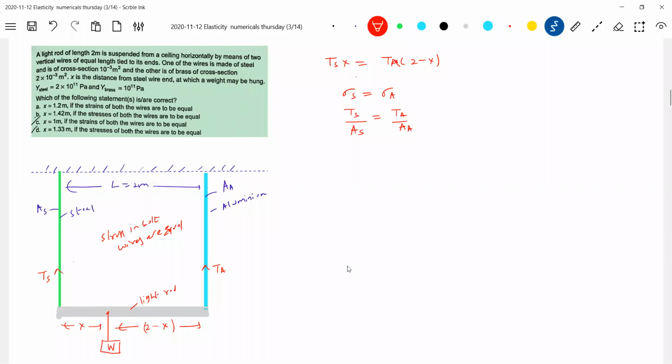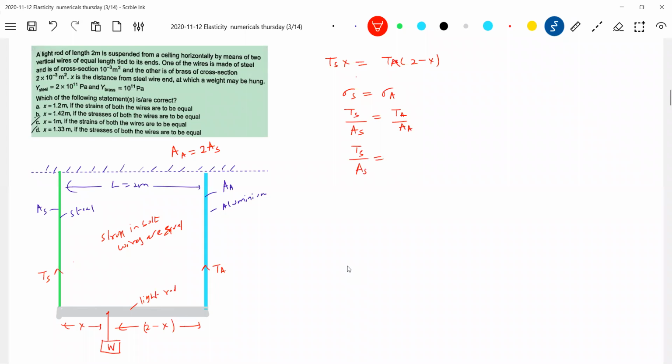Ta by Aa. We know the area of cross section, so we'll write some relationship here. The area of cross section of aluminum is 2 times the area of steel, looking at the values. So let me substitute here.